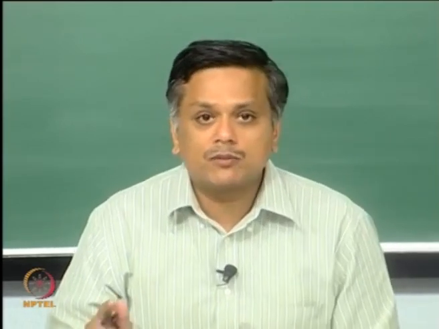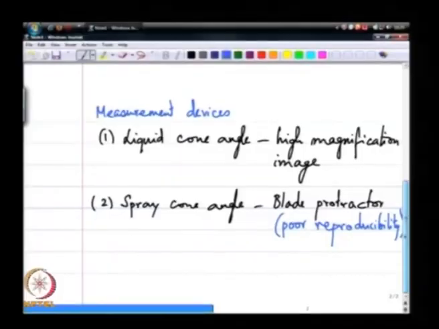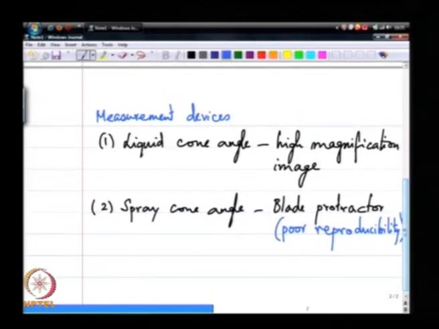So, the liquid cone is very close to the nozzle here, and then when I take the image I do see all the mist and everything on the edge, and if I take a line going across the spray and plot the intensity in the image as a function of the position from the center line.